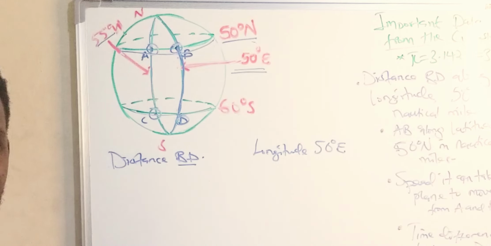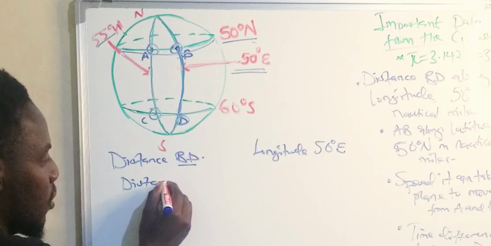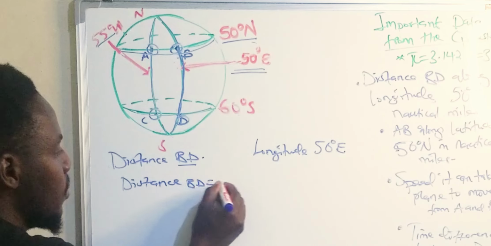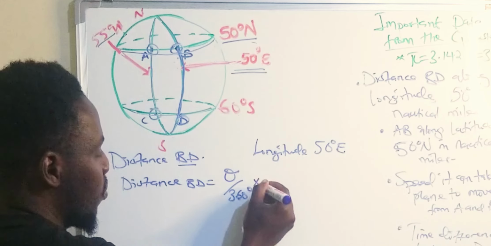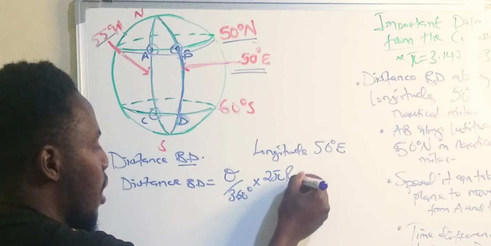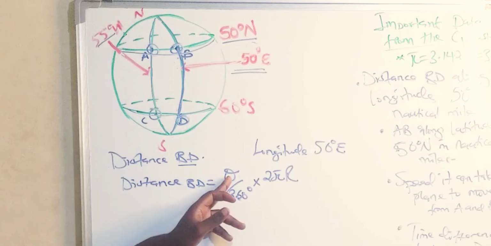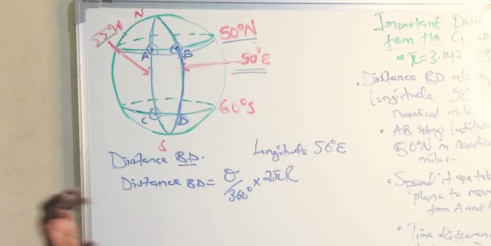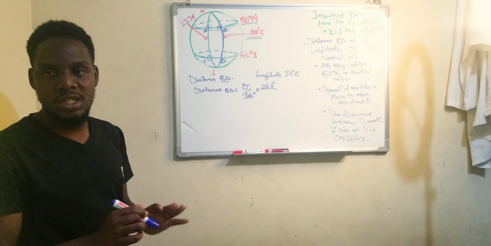And from our previous video, when calculating the distance in longitude, the formula is theta over 360 degrees multiplied by 2 pi r. And in the same previous video, I said that when you're calculating the distance in longitude, theta is the difference in latitude.